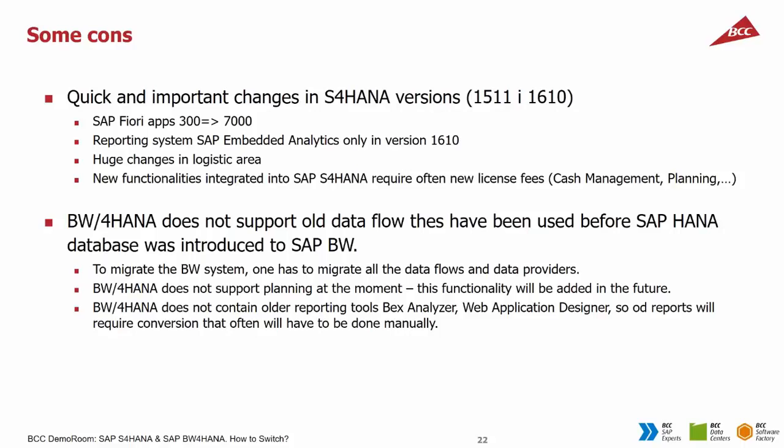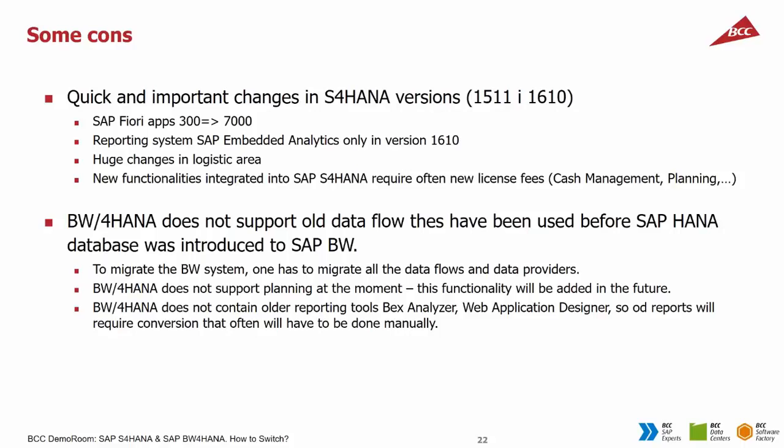As well, a new reporting system is needed for BW for HANA, so some older reports will need to be migrated, sometimes manually. And BW for HANA does not support planning and business planning and consolidation at the moment. This functionality will be added in the future.